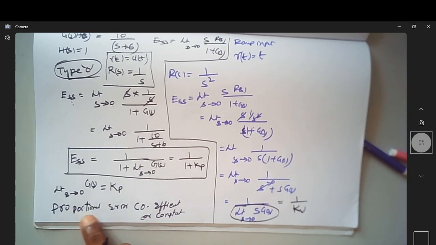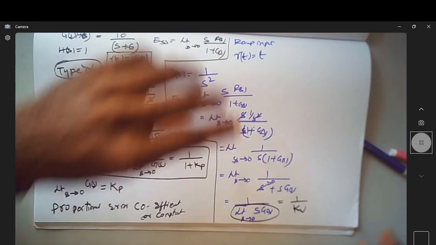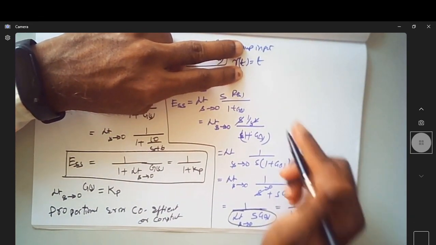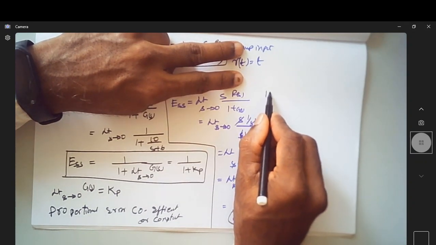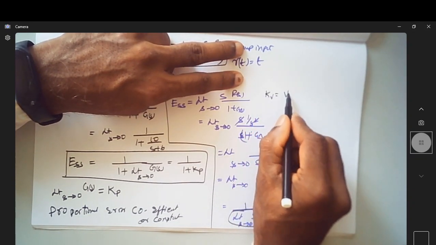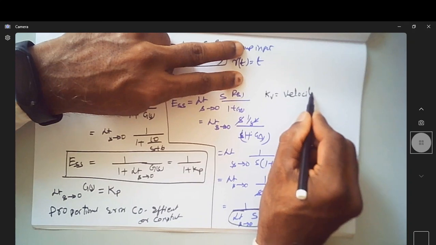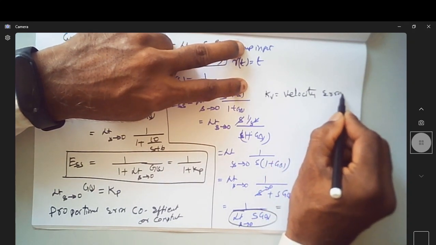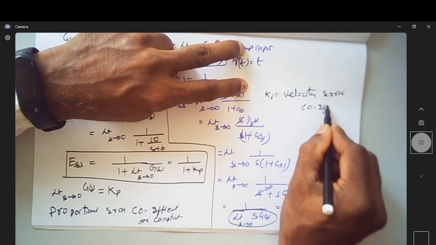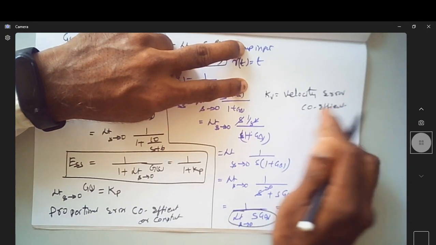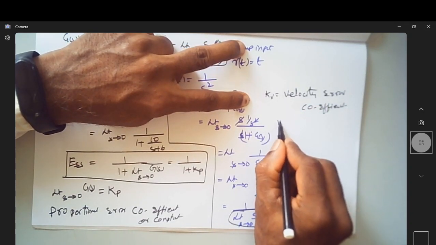For Kp it was the proportional error coefficient. Now this KV is the velocity error coefficient or constant.